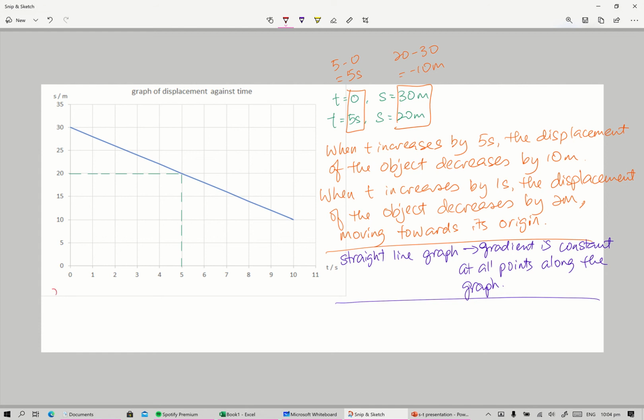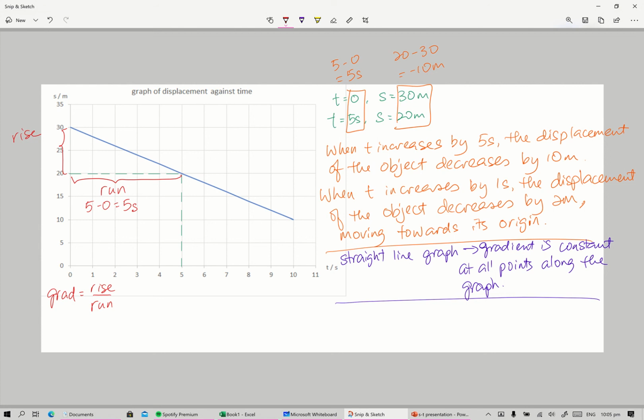Right, we know that gradient, back in lower secondary, is rise over run. Now let's choose these two coordinates when time is 0 and time is 5 seconds. This is your run, and 5 minus 0 equals 5 seconds. When time increases from 0 to 5 seconds, the displacement, that's your rise, decreases from 30 to 20 meters.